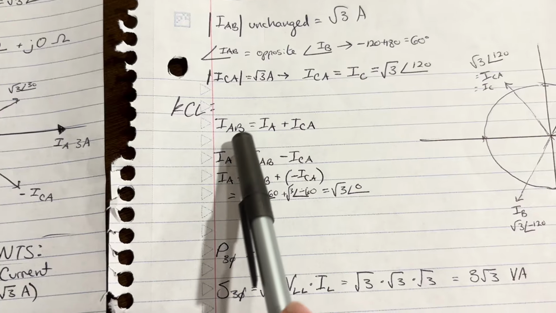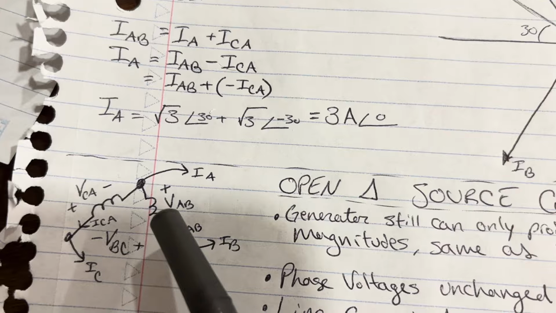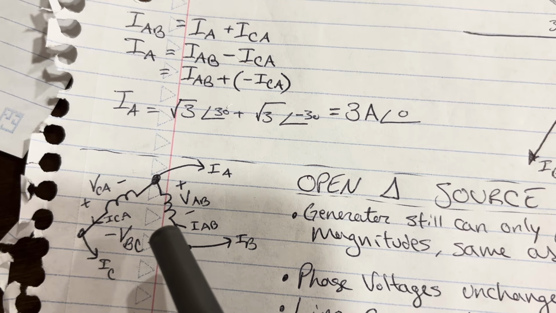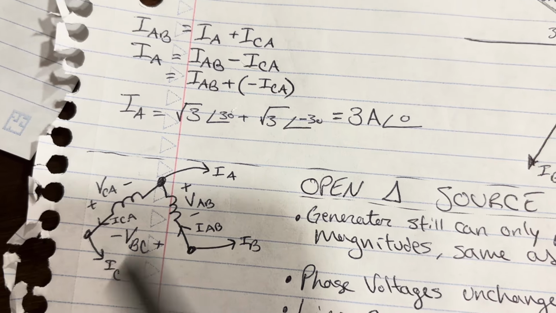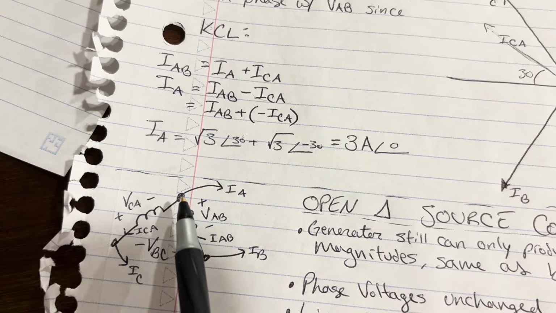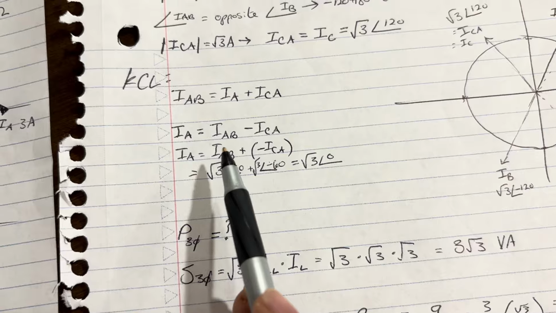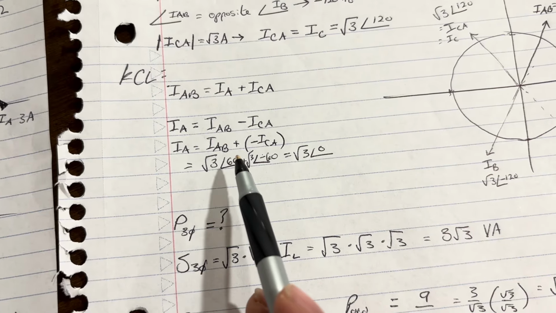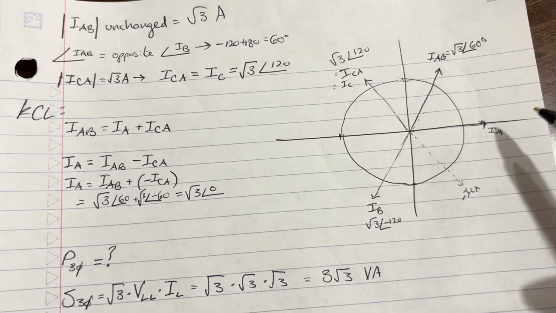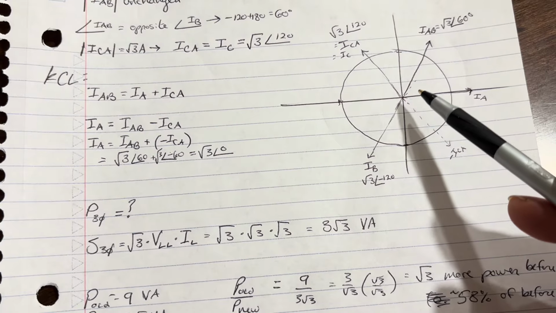Now, the interesting node, IAB here. IAB entering this node A is the sum of IA and ICA, KCL. Use the point here. IAB is the sum of these 2 currents. Well, let's rearrange. So for IA, it's IAB plus the opposite of ICA. We already know IAB is here. We already know ICA is here, opposite here. Oh, we have 60-degree angles.